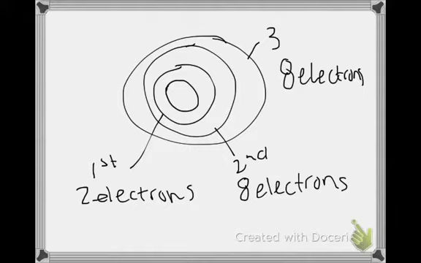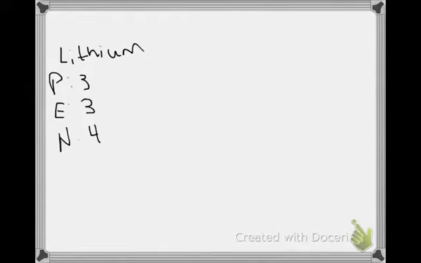So if we're to do an example here, let's say I pick lithium. Lithium has 3 protons, and we can find that on the periodic table. It also has 3 electrons, and then it has 4 neutrons.